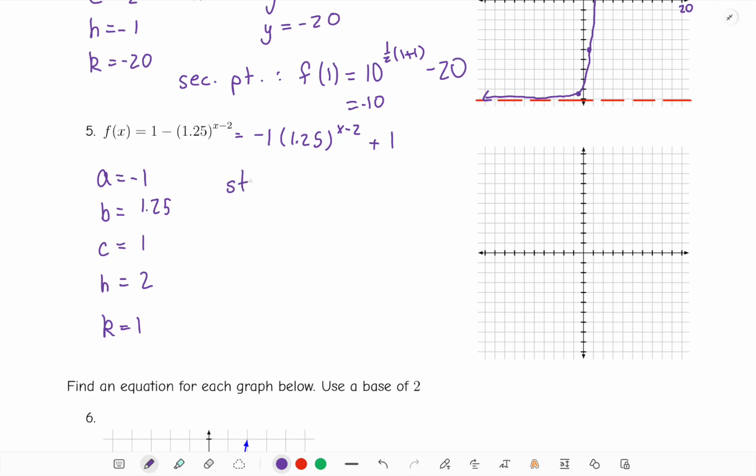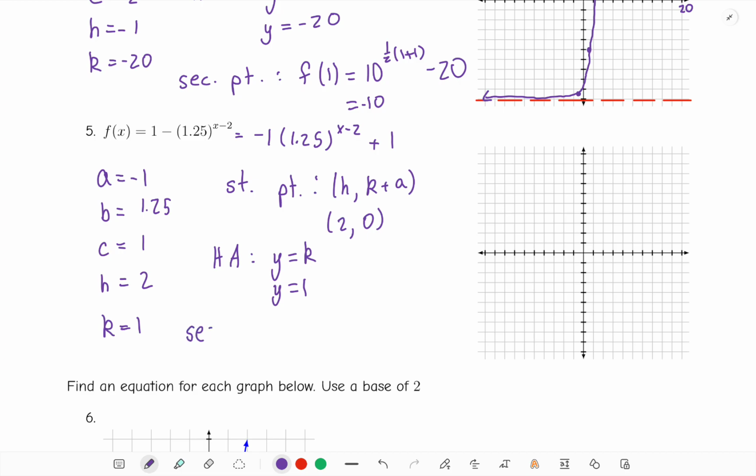So we get our starting point, h comma k plus a, which is 2 comma 0. Horizontal asymptote, which is y equals k, so we get y equals 1.